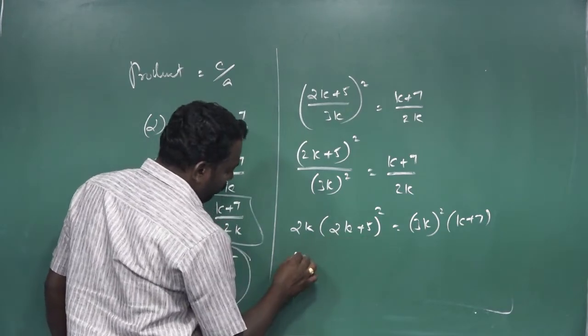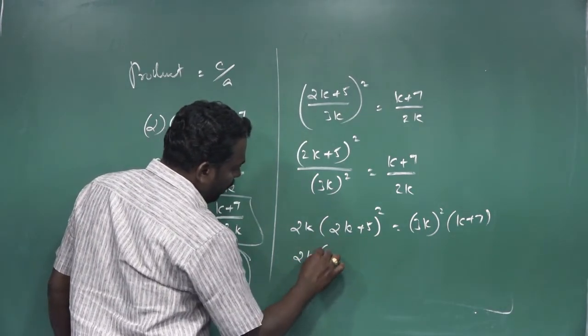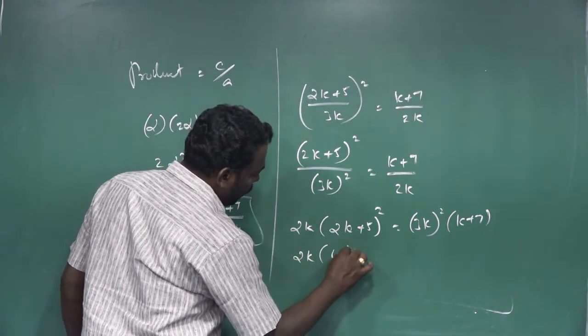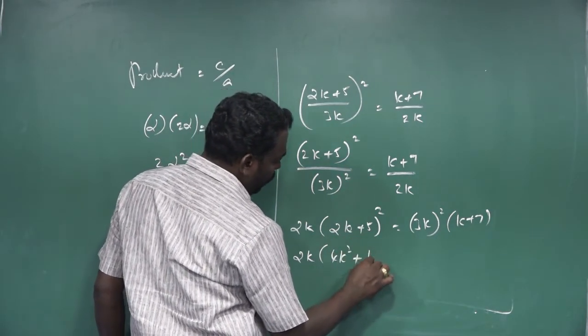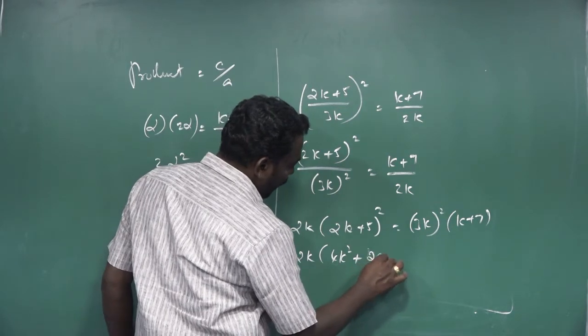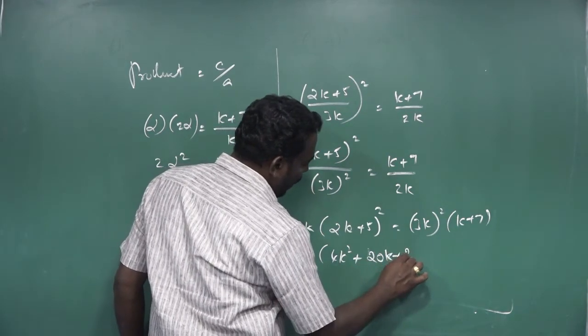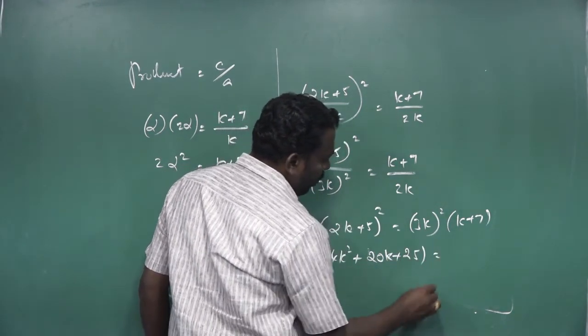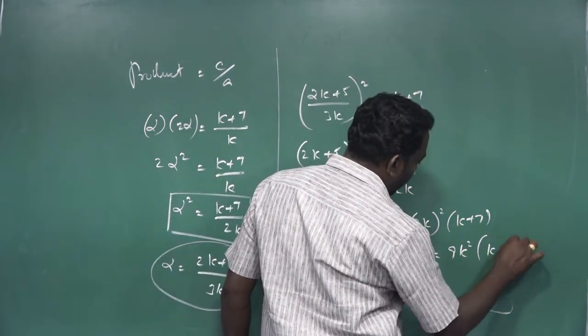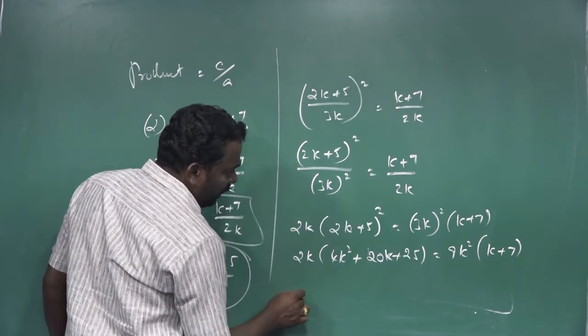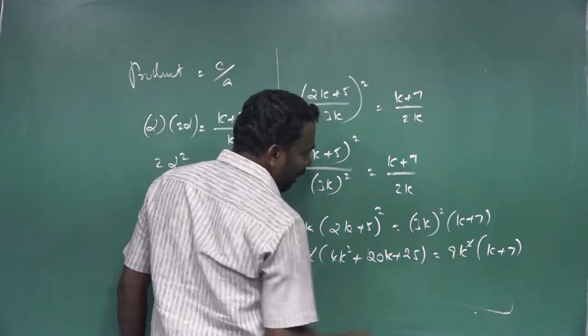Now just square the term. 2k within the bracket, 4 k square plus 2 into 5 is 10, again 2 is 20 k plus 25, that is equal to 9 k square within the bracket of k plus 7. Now 1 k will cancel.